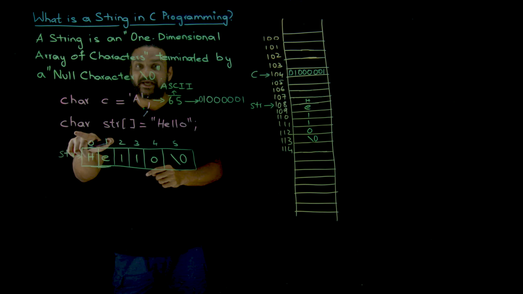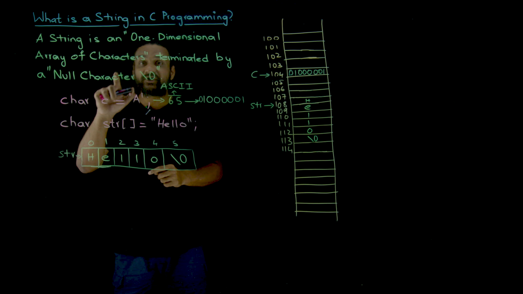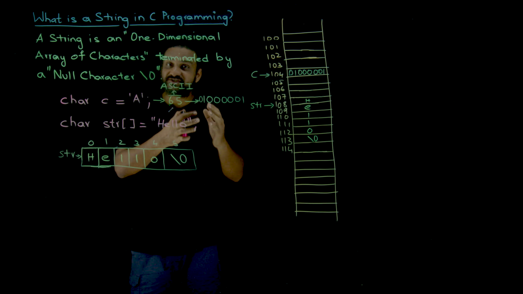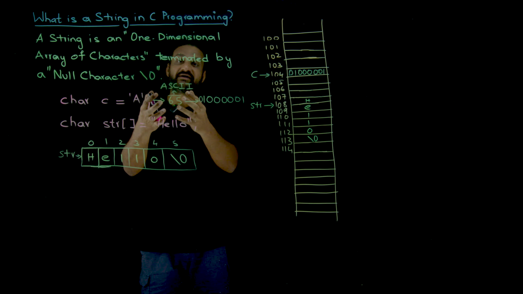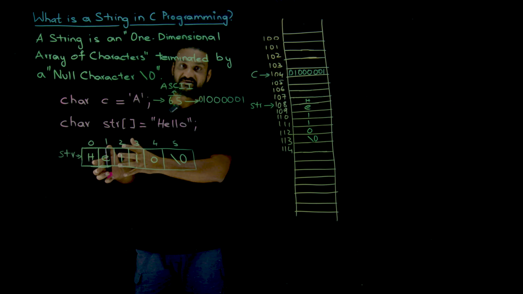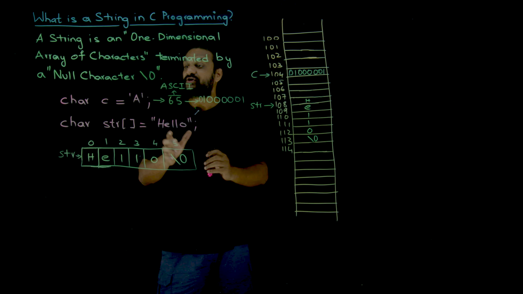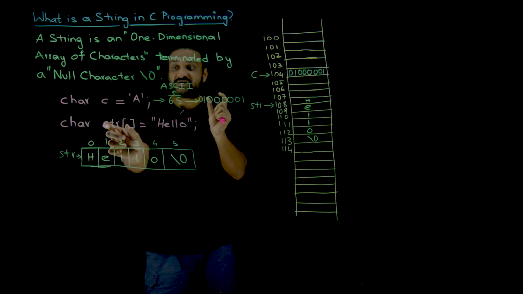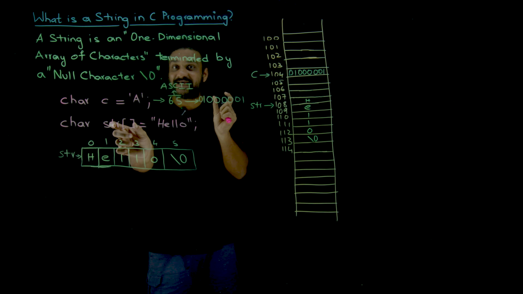So what is the data type? Char. There is no separate data type for string in the C programming language. For example, if you take Java or Python programming languages, there is a separate data type for strings. But in C programming language, we use the data type char, but we declare the name of that variable as an array.